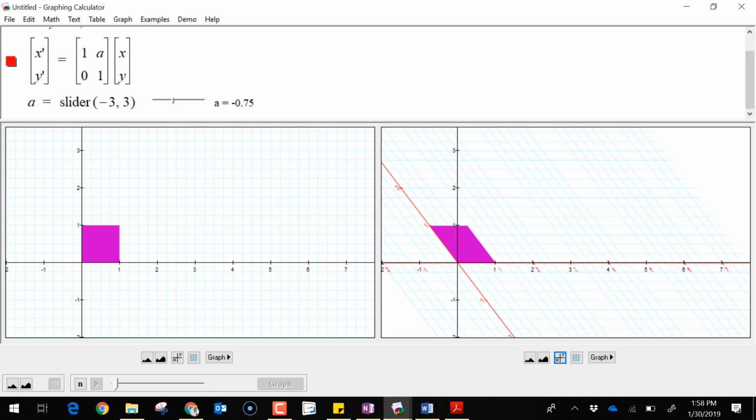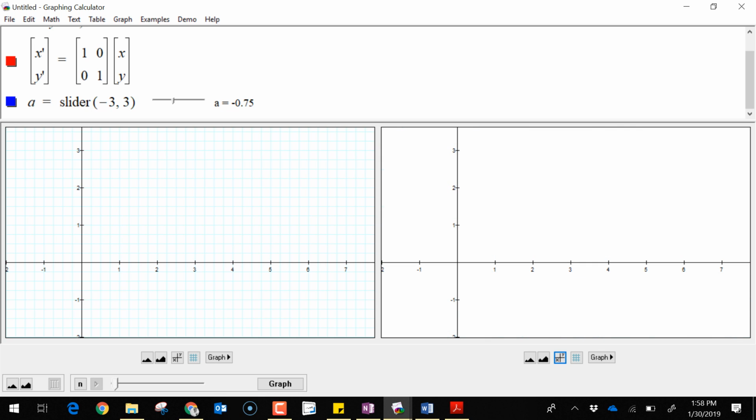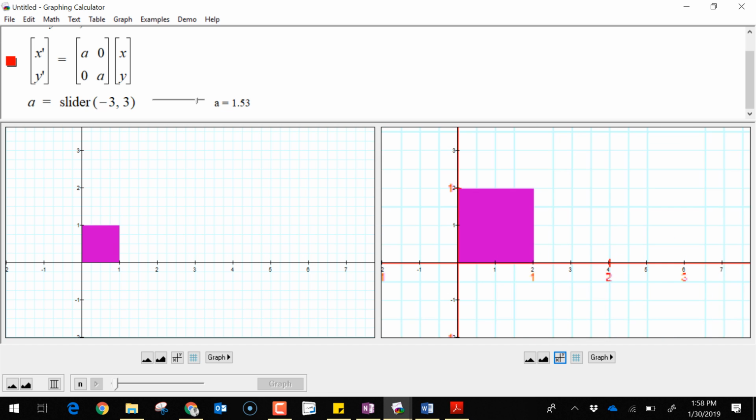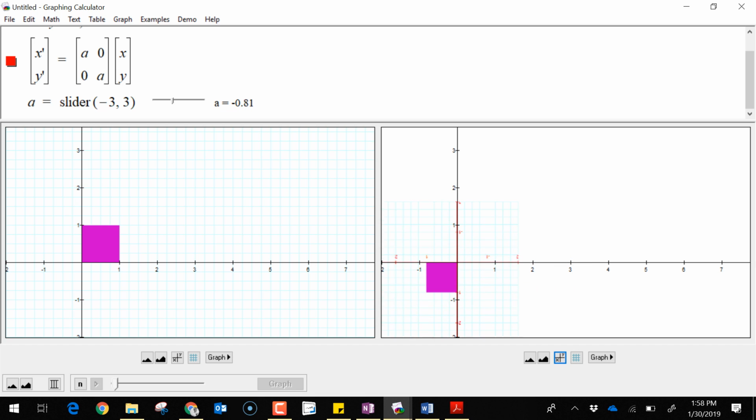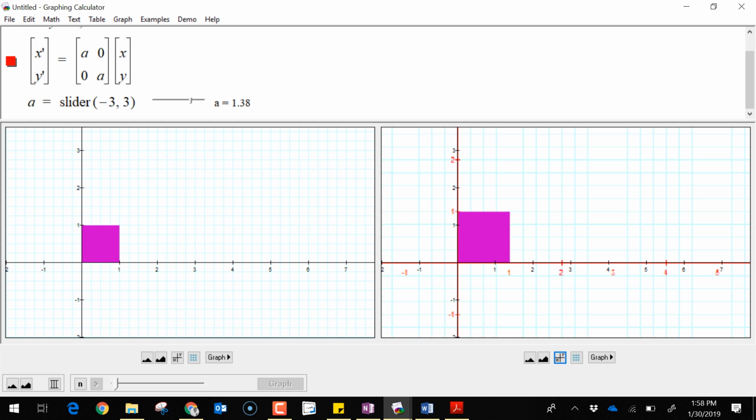And my computer is all right. What's the other one? The expansion, or what's it called? Contraction. This might be weird. So those are positive values. If I go to negative values, it goes on the other side, right?